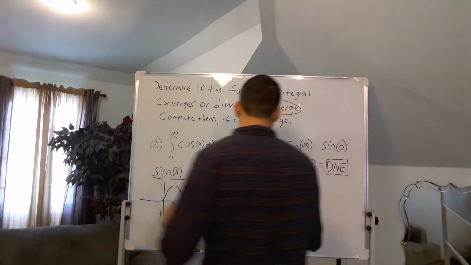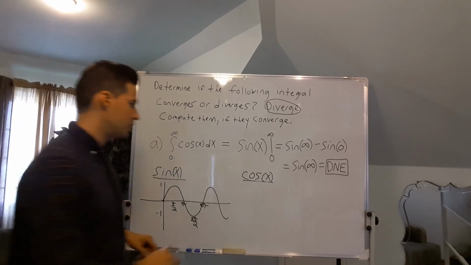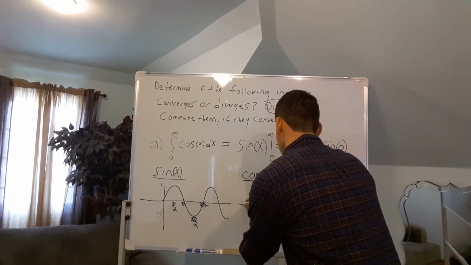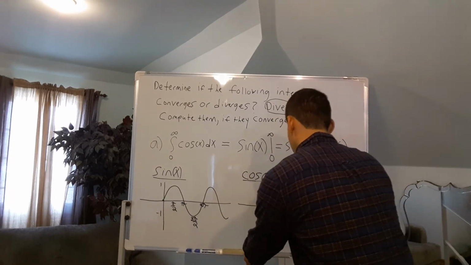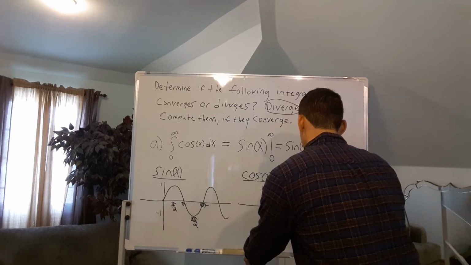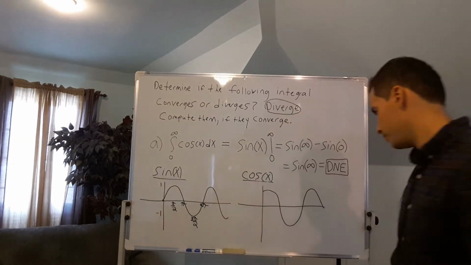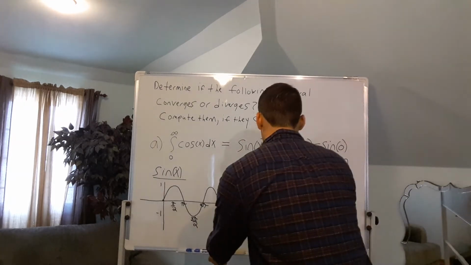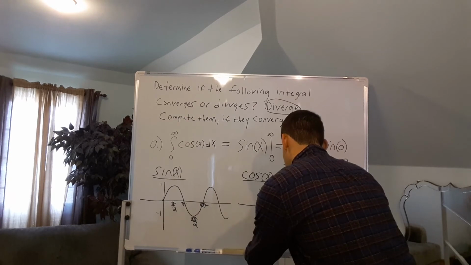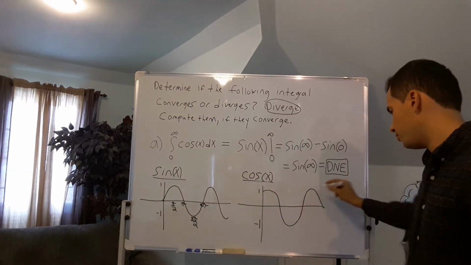So let's take a look at the cosine curve, and let's take a look at the area under that curve and see what's happening. Okay, so here at the highest, it's starting at 1. The lowest value is -1. Just like the sine curve, it's going to oscillate between 1 and -1.